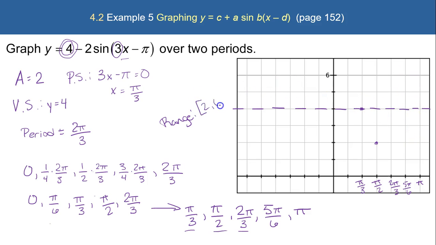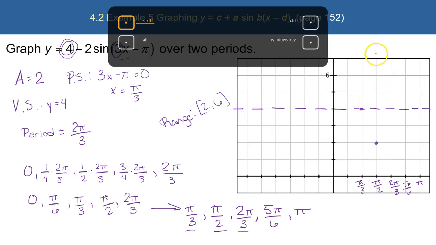So 2 to 6. Those are our highest and lowest values there.